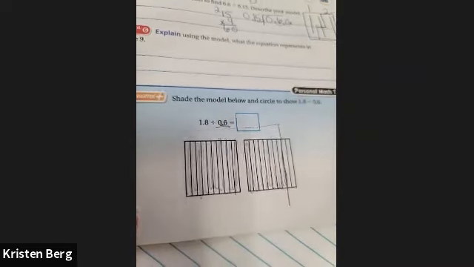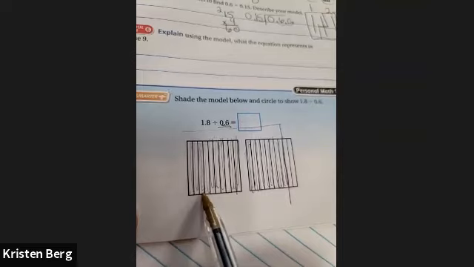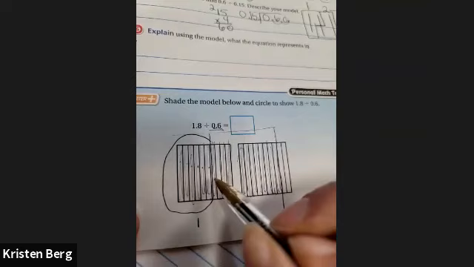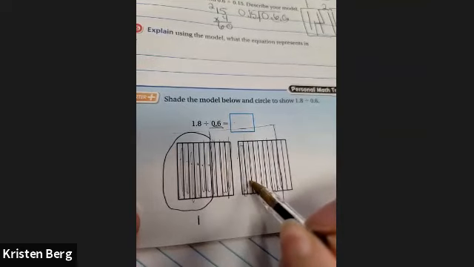So if you look, I'm going to count 1, 2, 3, 4, 5, 6. So this is one group. Then 1, 2, 3, 4, 5, 6.